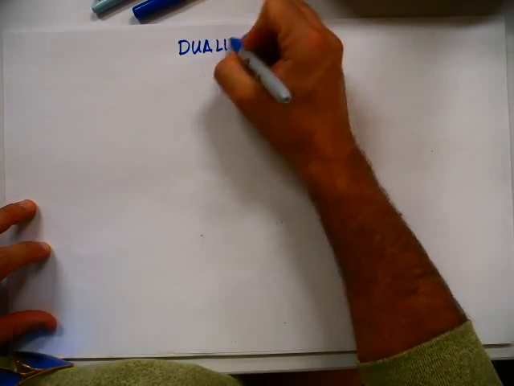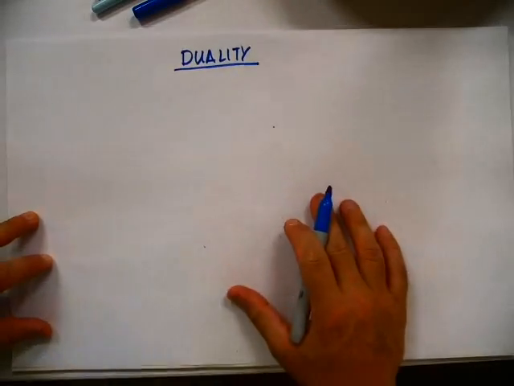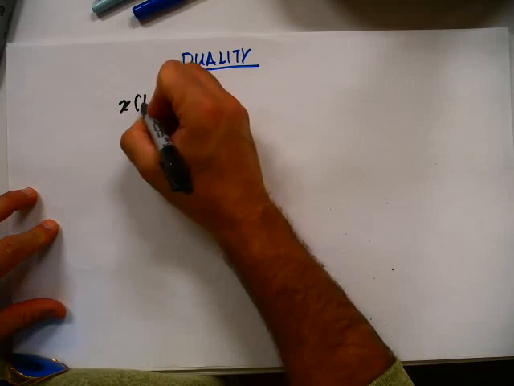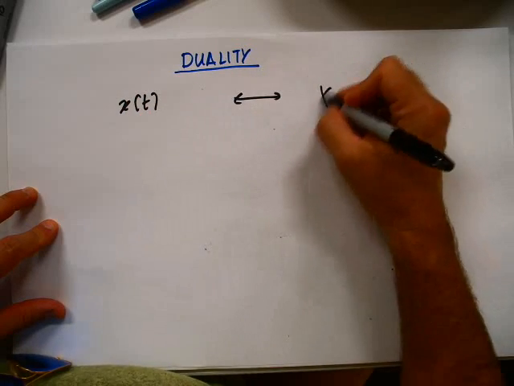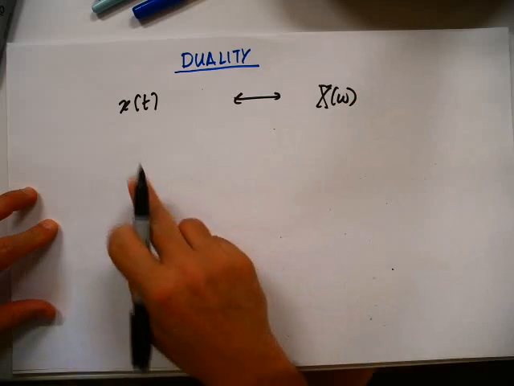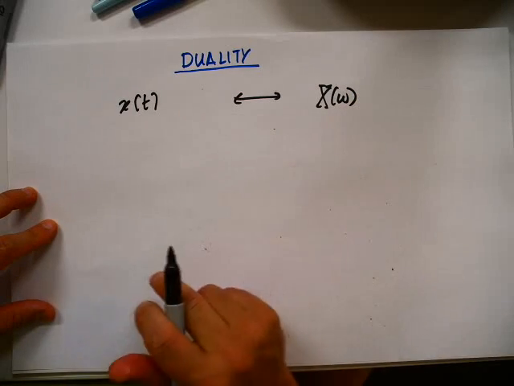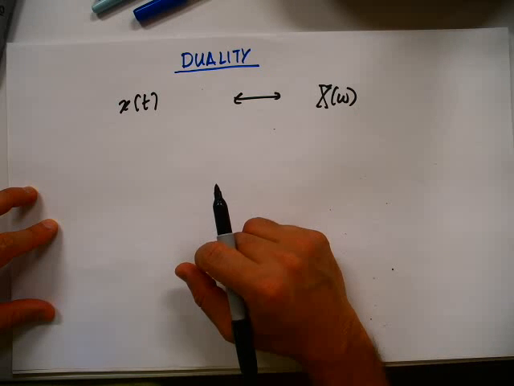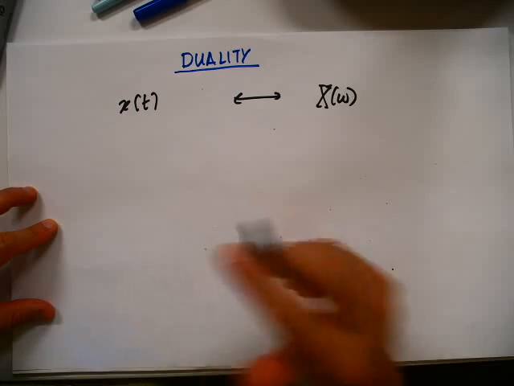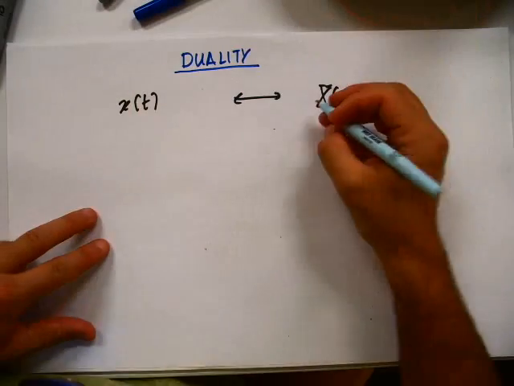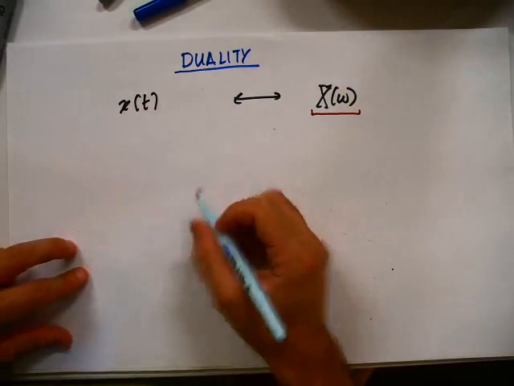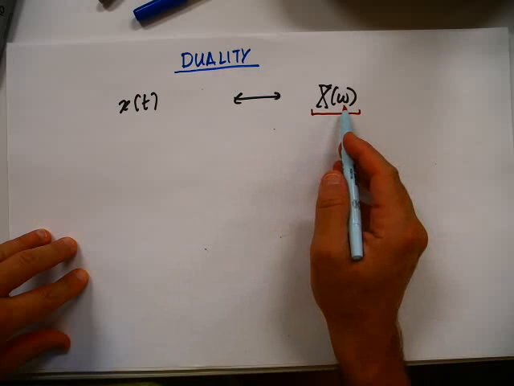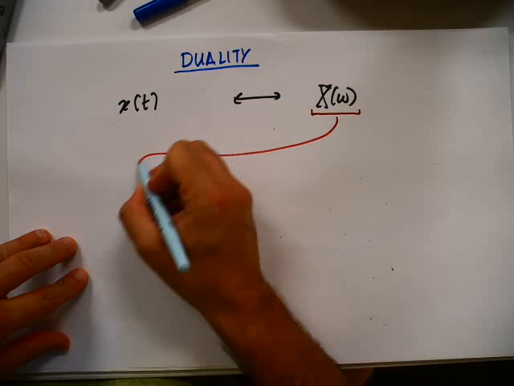If we have a pair of transforms, x of t and its Fourier transform, I can get another Fourier transform pair for free, by simply taking the Fourier transform and making it a function of time.